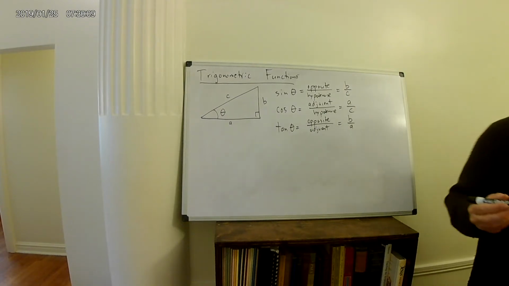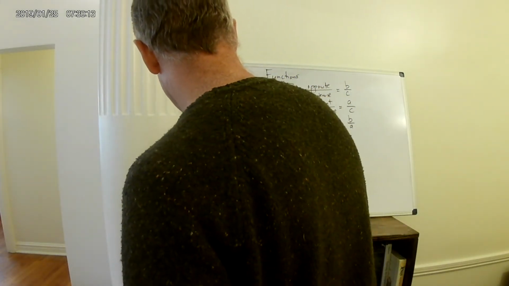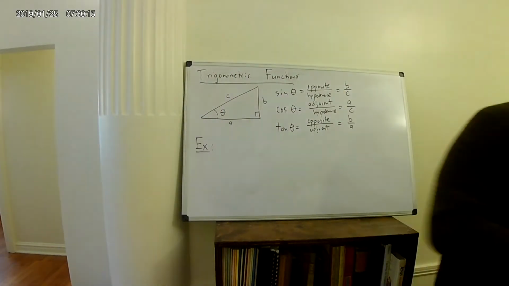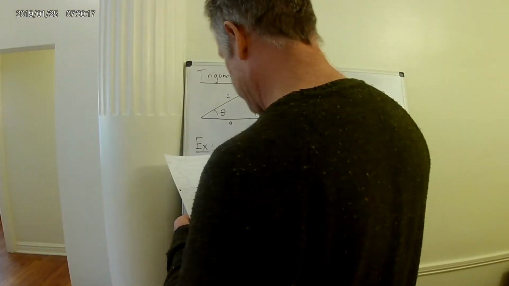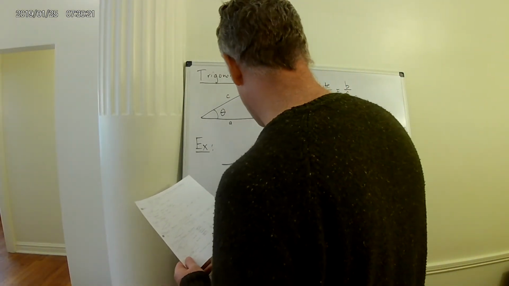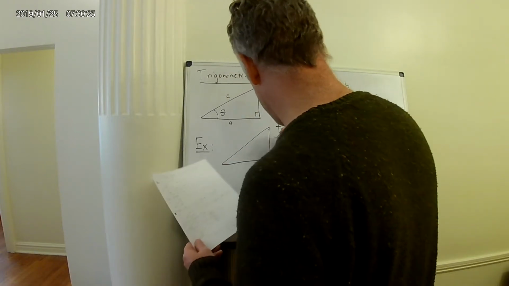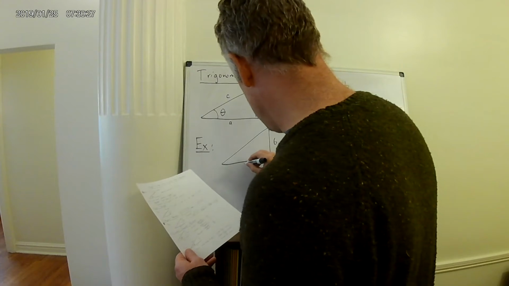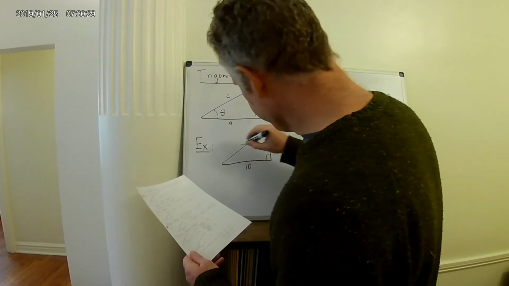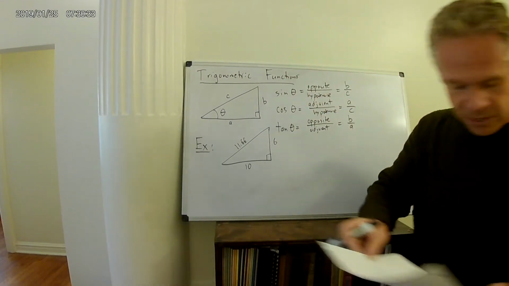What I want to do now is an example problem using these trig functions. Let's draw our triangle over here. Let's go back to the example we considered earlier. We had a right triangle here. This angle was right, this side length was 6, this side length was 10, and we found that this side length was 11.66.